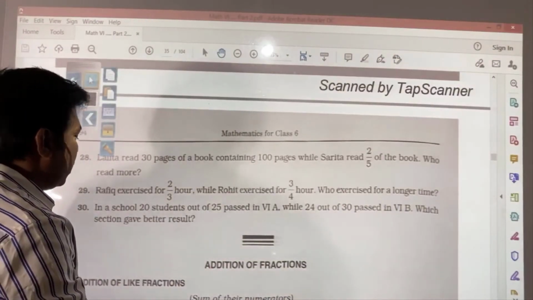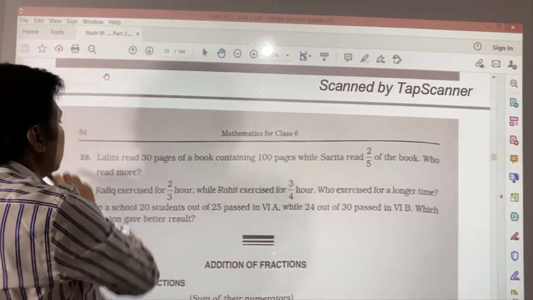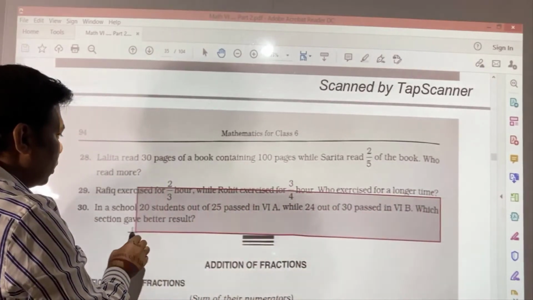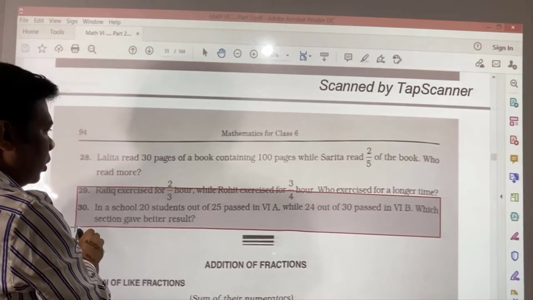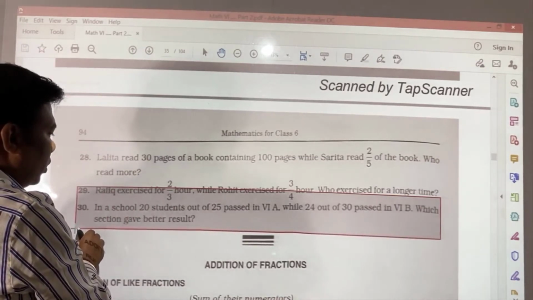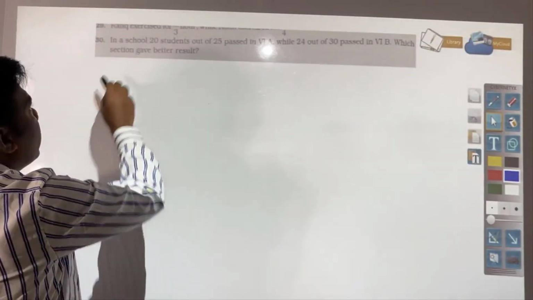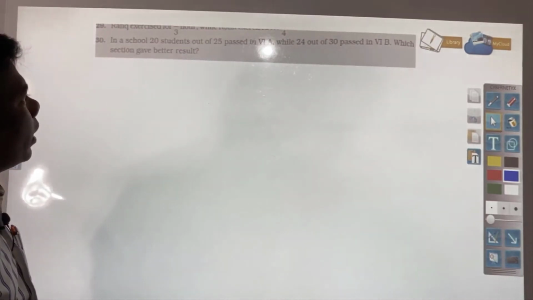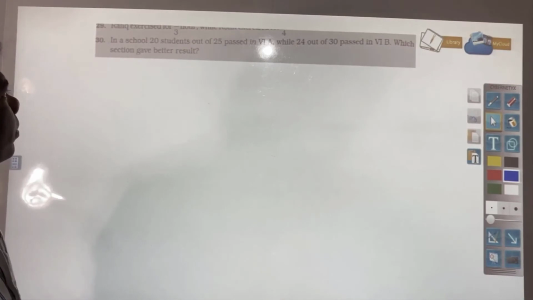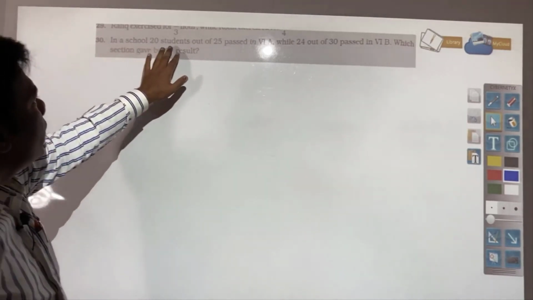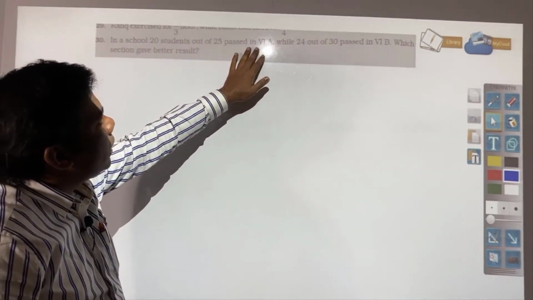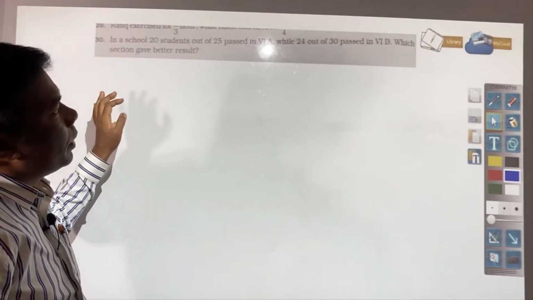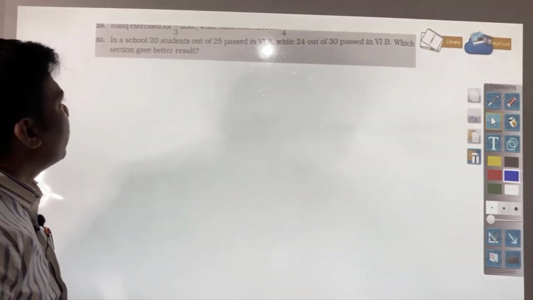Next we will see question number 30, and that is the last question of this exercise. Here you have, in a school 20 students out of 25 passed in 6A, while 24 out of 30 passed in 6B. Which section gave better result?